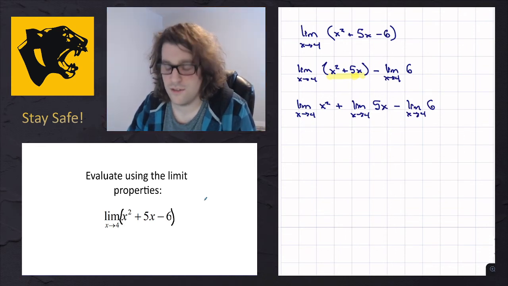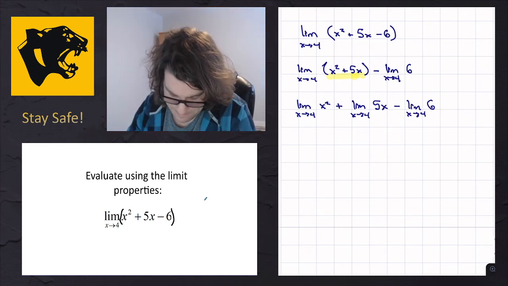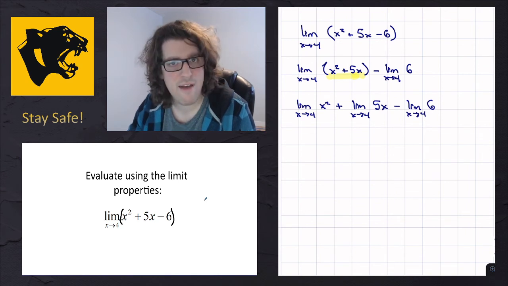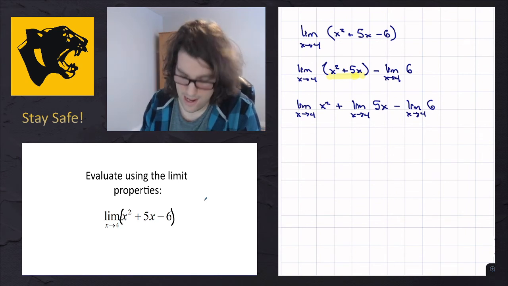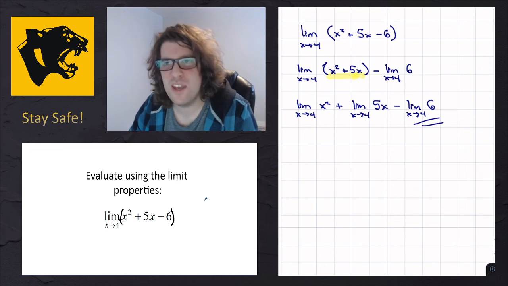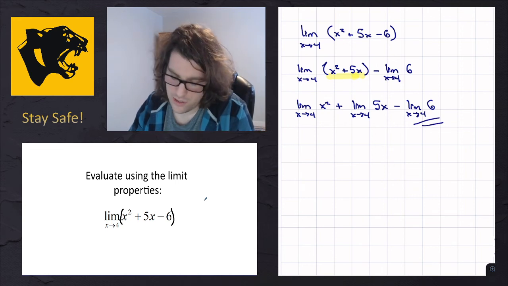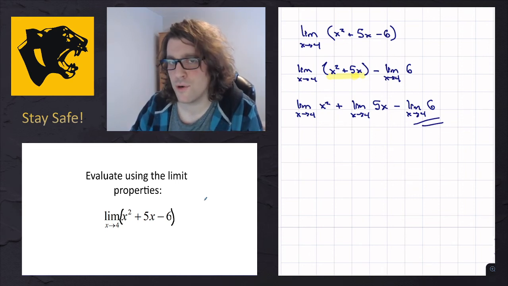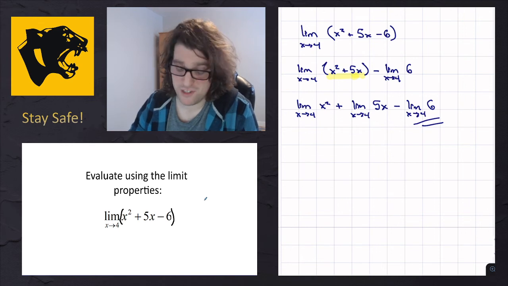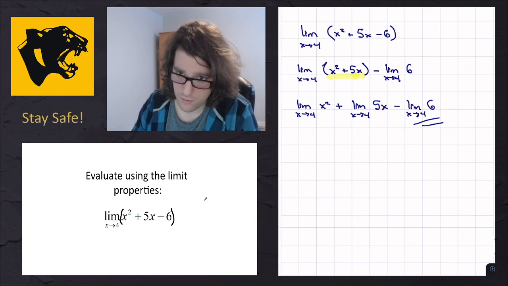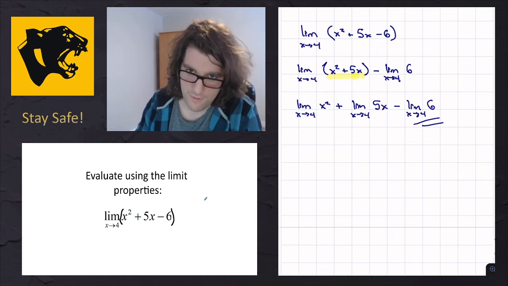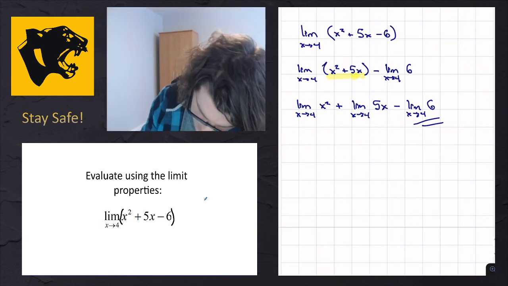Tedious, right? So we're going to get there, and at this point I have one. The one at the very end is ready to go, because that is actually the limit as x approaches a of c, because it's just a constant. That number is going to give me a 6 in the end, and we're kind of done with that. But I'm not going to evaluate it quite yet, but we could if we needed to.